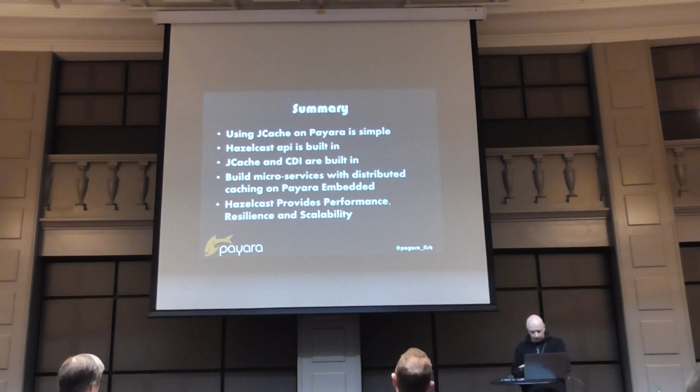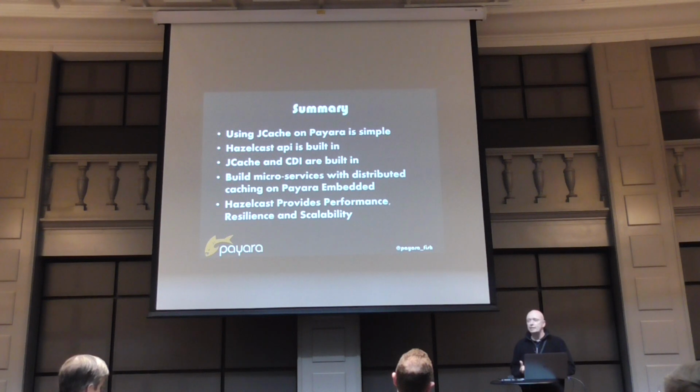So, a bit quick. As a summary, actually using JCache is incredibly simple. It is doing a lot of very complicated things under the covers, but from a pure API, from a CDI point of view, it's very, very quick to do.